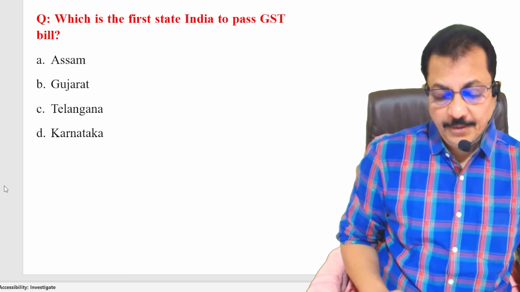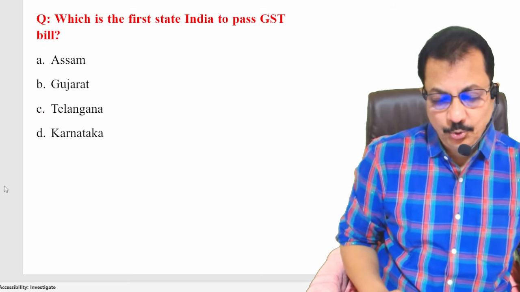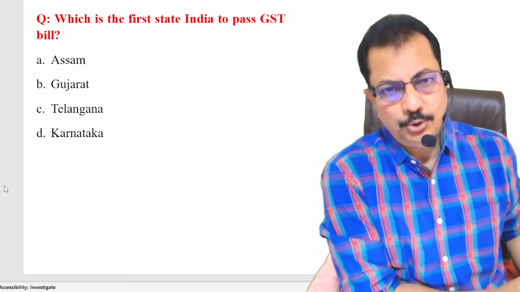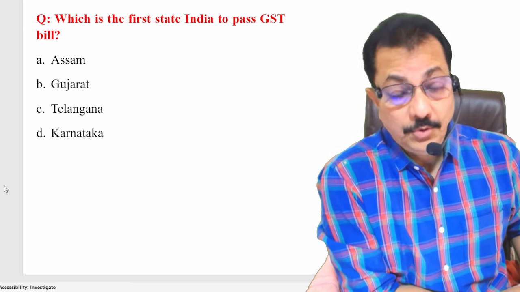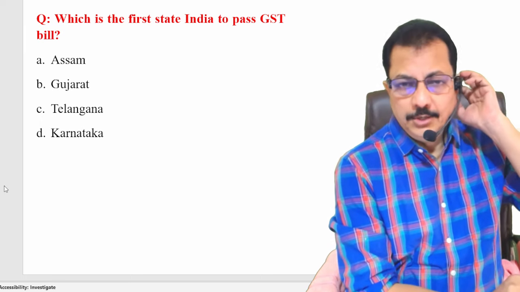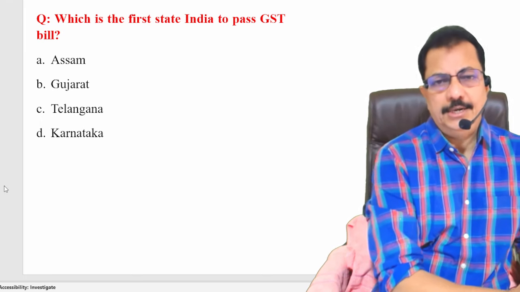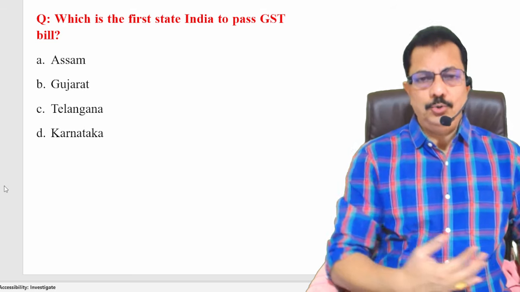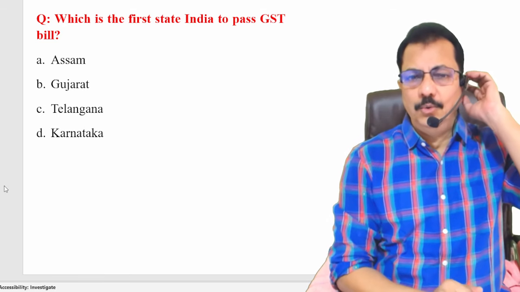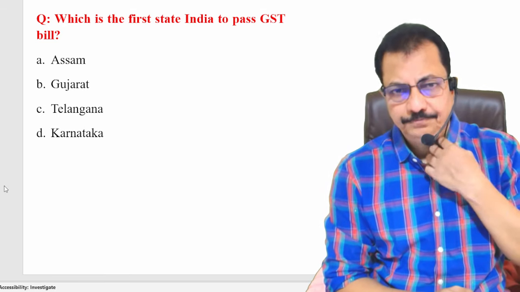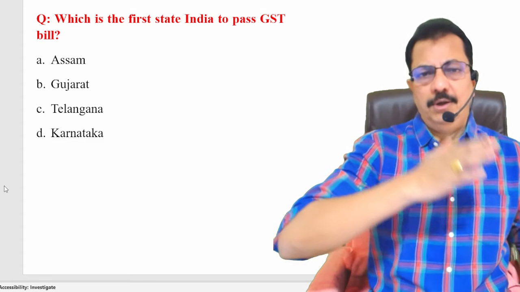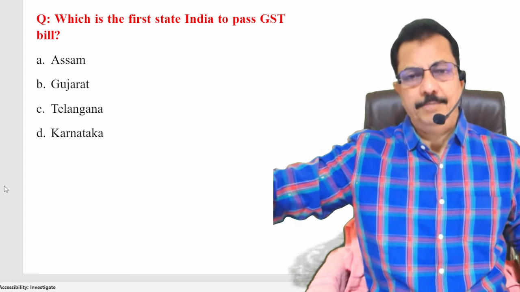Second one. Which of the following is the first state in India to pass GST bill? Why are states coming into the picture? We know, we have explained this. Because the tax is related to both central and state governments, and whenever you want to introduce a new tax, you have to amend the constitution, and the constitutional amendment procedure will always begin at the parliament level.